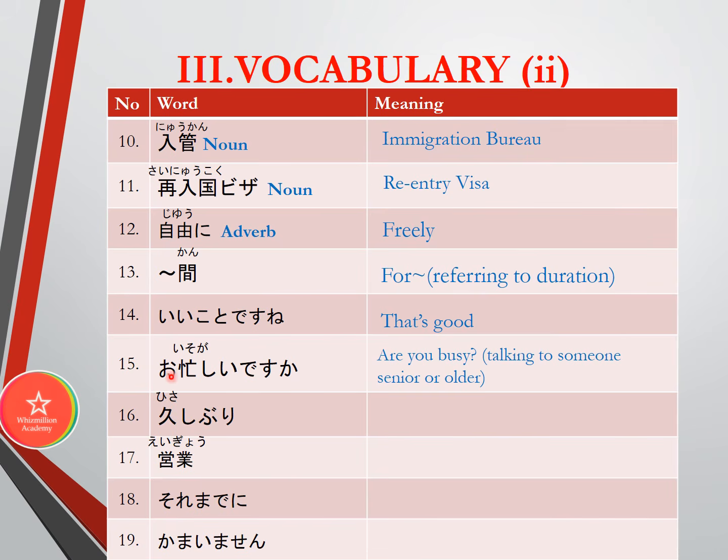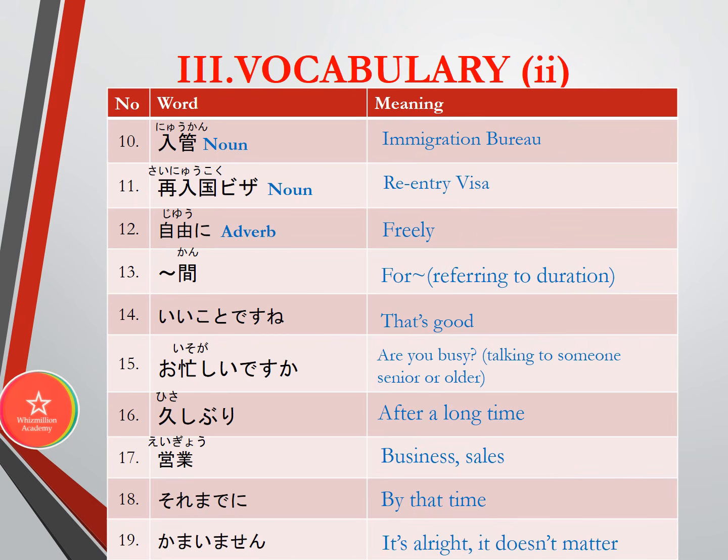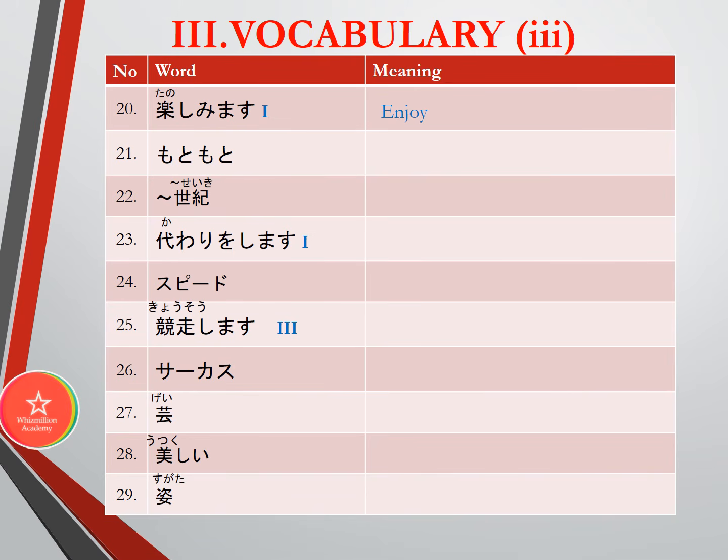You add a お. ひさしぶり, after a long time. 営業, business, sales. それまでに, by that time. 構いません, it's alright, it doesn't matter. 楽しみます, enjoy oneself. もともと, originally. 世紀, century.